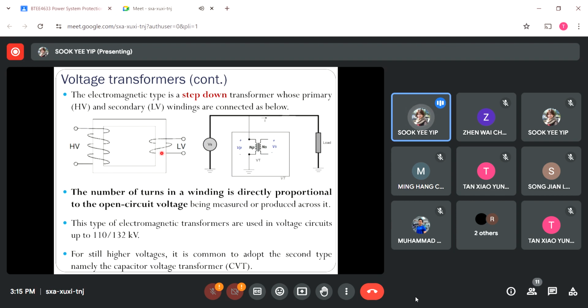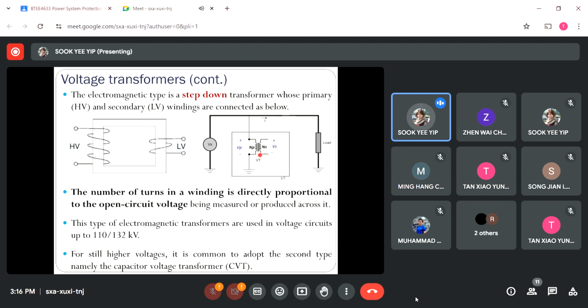Okay, so typically you will see this kind of voltage transformer applied in a circuit like this. This is the primary winding, this is the secondary winding. Let's say I want to get the voltage measurement from this power system. The primary winding will connect to the high voltage line in parallel, whereas the secondary winding, with fewer turns here, will connect to a low rating device.